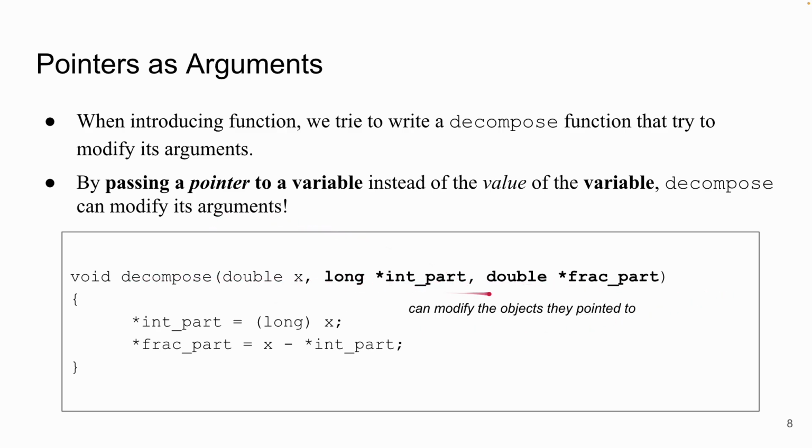Here you can see we changed the last two parameters from ordinary integer variables to pointer variables that can point to integer variables. Then we pass a pointer to the variable instead of the value of the variable. Because we pass the pointer to the parameters, we can use the indirection operator to change what the pointer variable points to, that is, the argument.